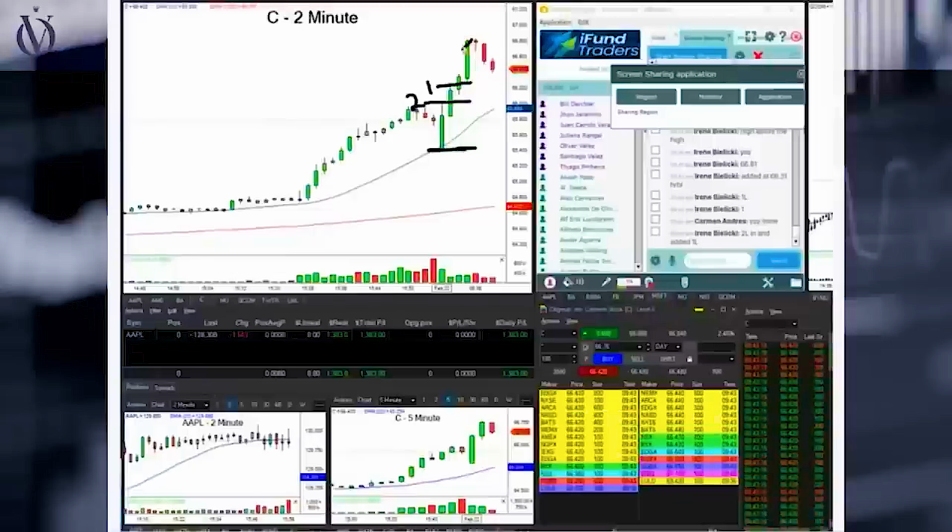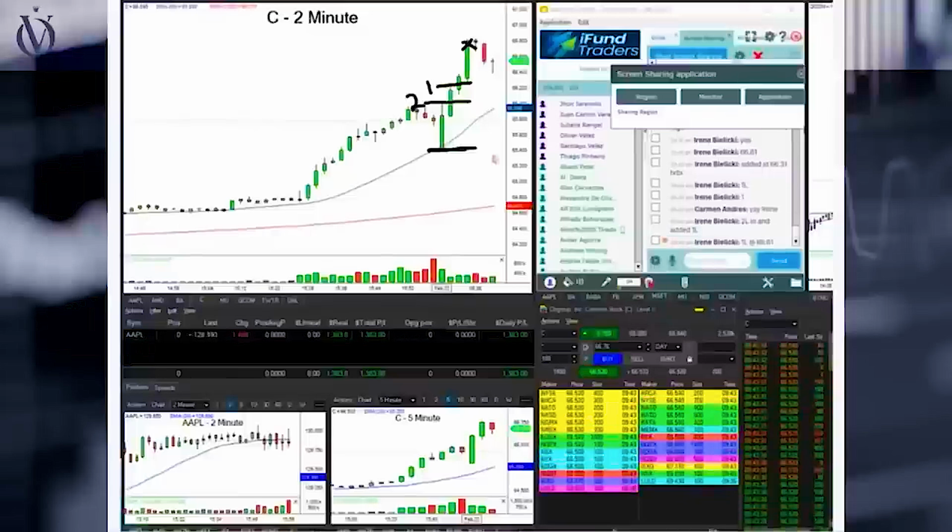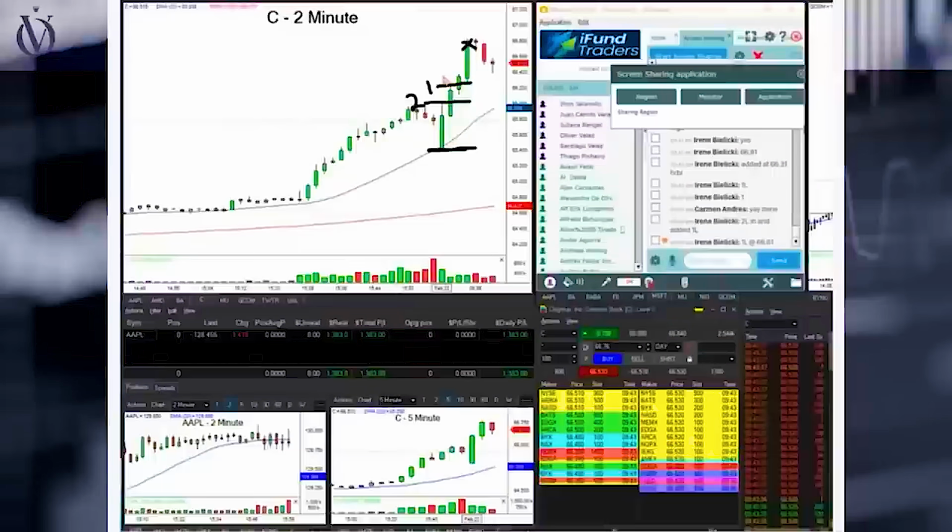How many stop under bar 1, and what profit take here? But how many profit take? You're probably in the trade and I'm asking you questions and you're typing at the same time, right? But I love it.